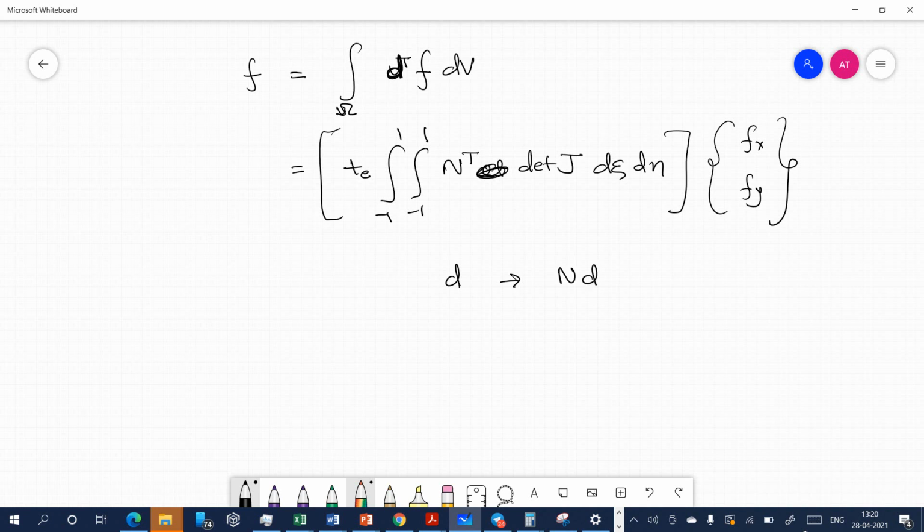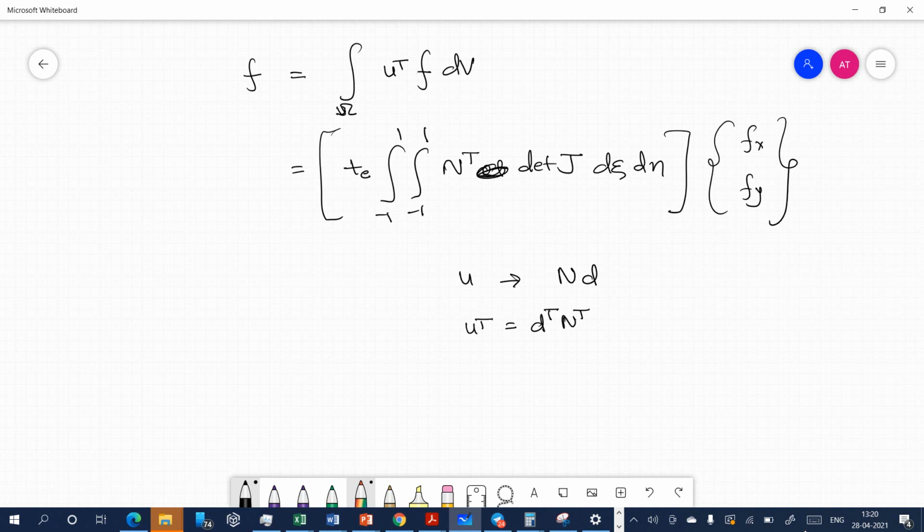So instead you write u transpose, and u we have changed as Nd, so u transpose will be d transpose N transpose, right?